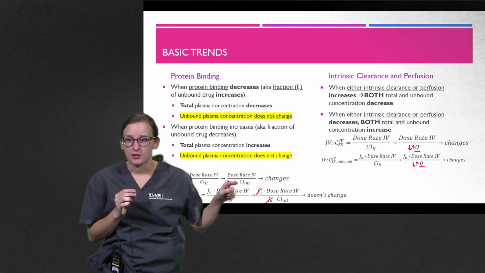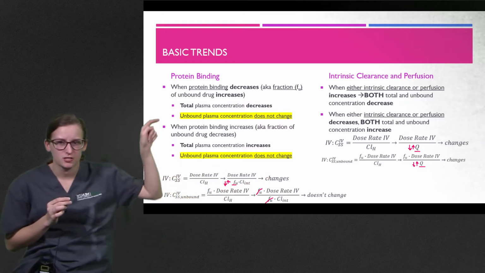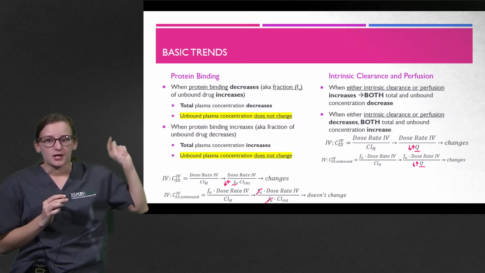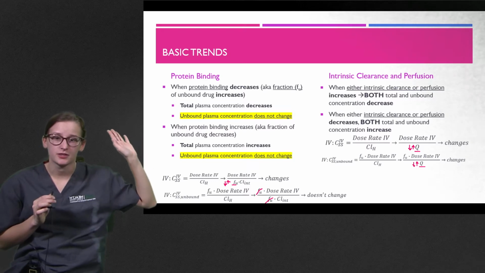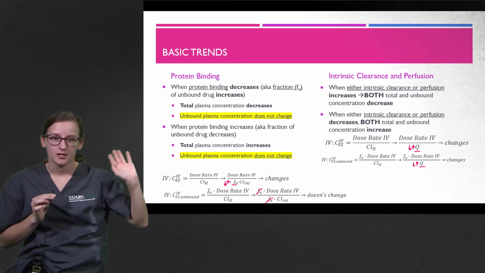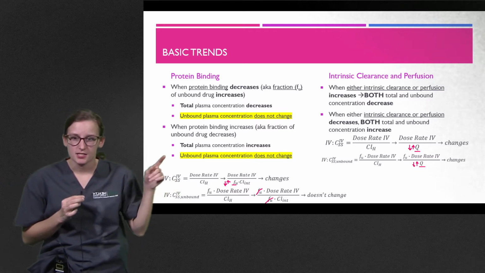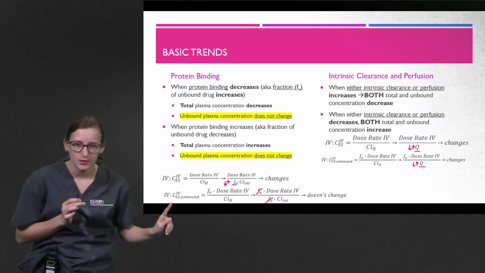So this will change. I put "changes" here because it can either increase or decrease depending on how the total plasma concentration changes. If the fraction unbound increases or decreases, that doesn't change the unbound plasma concentration. And that is because of this equation down here.